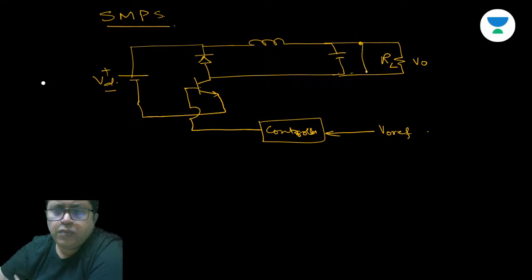This is the signal for comparison. The smoothing reactor current is IL. So this is the definition of the controller.